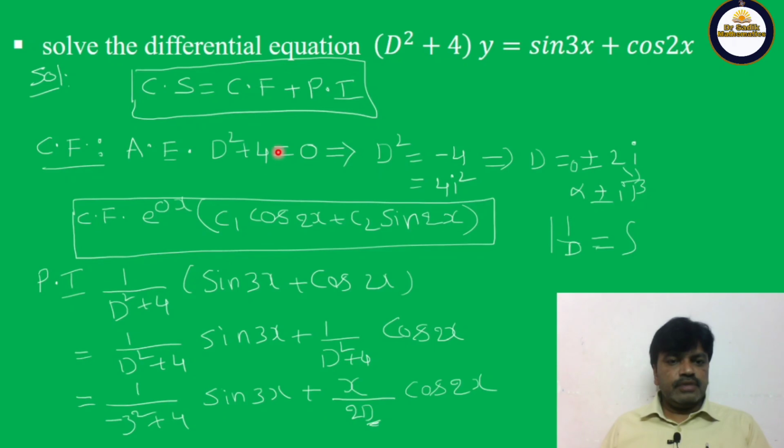For the particular integral, 1 by D square plus 4, you write this one, friends, and separate it. In the first one we get the answer directly, friends, but here the value is 0. So what is the procedure? You write x in the numerator divided by the denominator differentiated with respect to D. So the derivative of D square is 2D plus derivative of 4 is 0, into cos 2x.